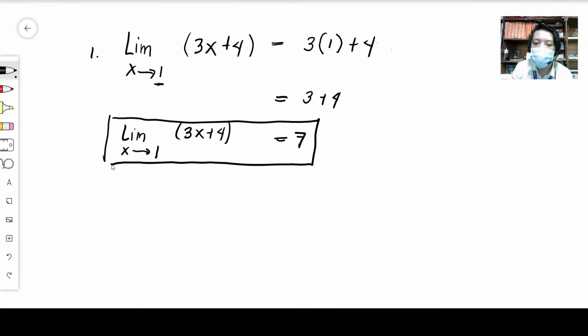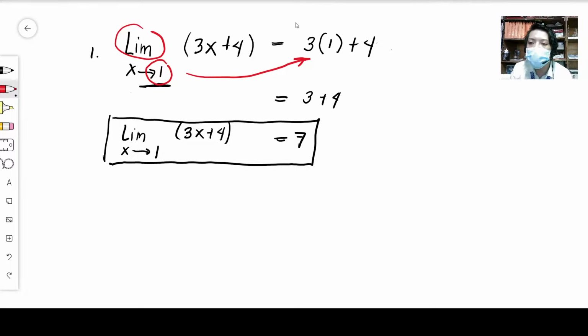Now, I want to reiterate this one because this is a common mistake. When you substitute this number here, the word limit should no longer be written on the right side of the equation, because sometimes students will write the limit of 3x plus 1, say for example, as x approaches 1, then keep the word limit and substitute 1 plus 1.